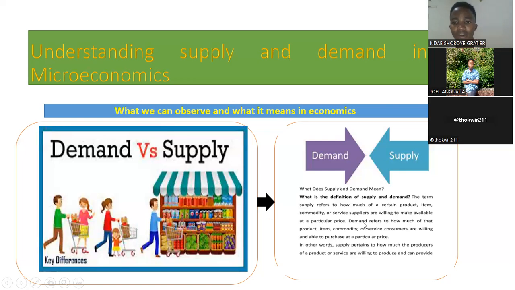Whereas demand refers to how much of that product, item, commodity, or service consumers are willing and able to purchase at a particular price. There has been a variety of goods in this shop, but these people have chosen specific ones, meaning they are willing to buy those goods at a certain price that they can afford.